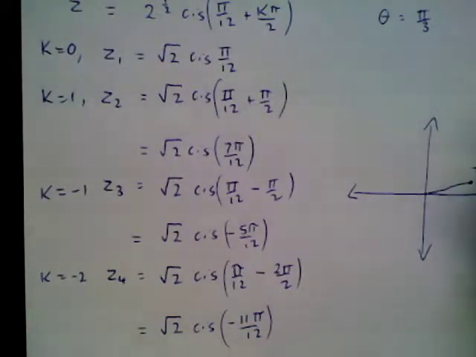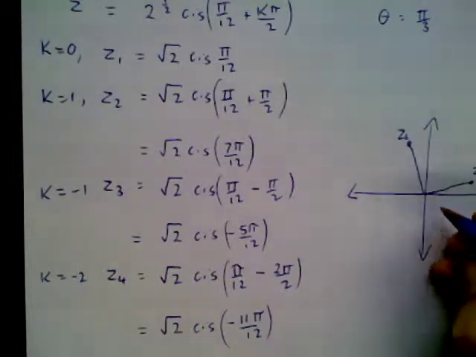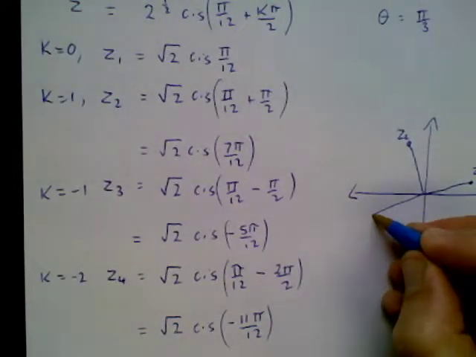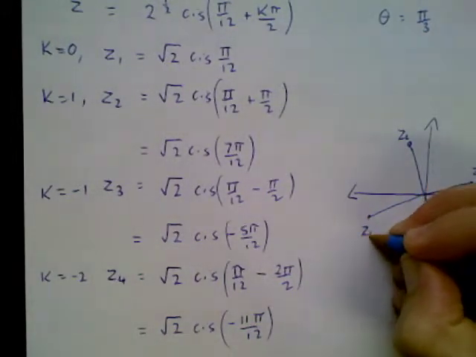There's z1. z2 is up over here. z3 we have down here. And z4 was over here.